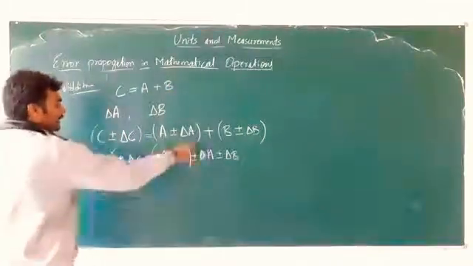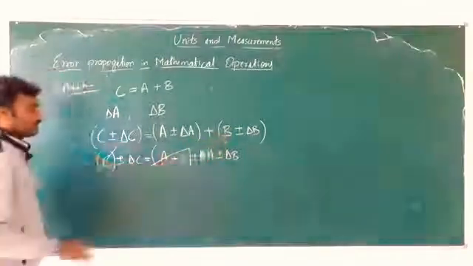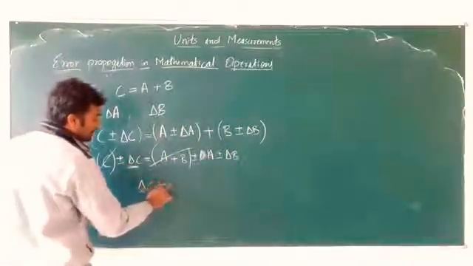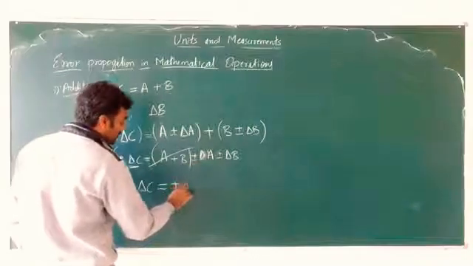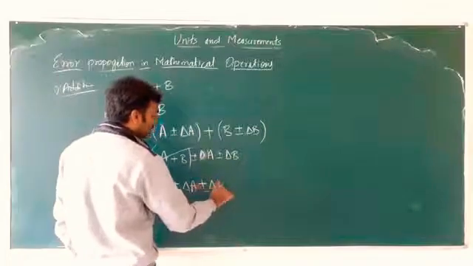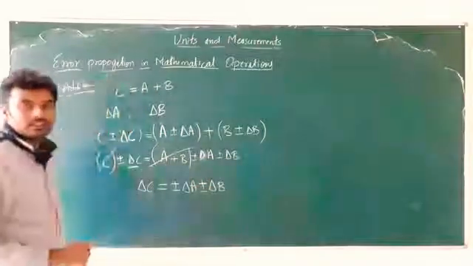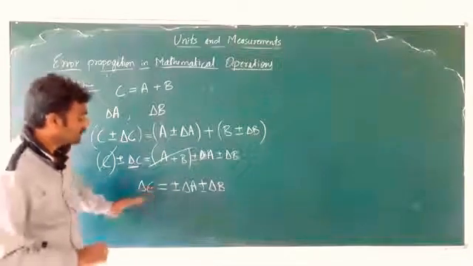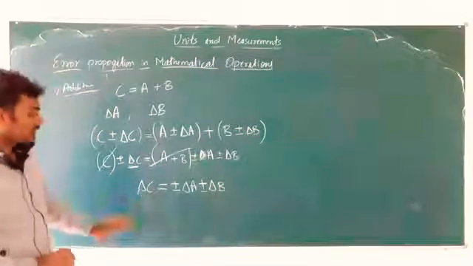So C and A plus B will get cancelled because they are equal. And hence we have the error delta C is equal to plus or minus delta A plus or minus delta B. Okay, clear? So this is the expression of delta C.